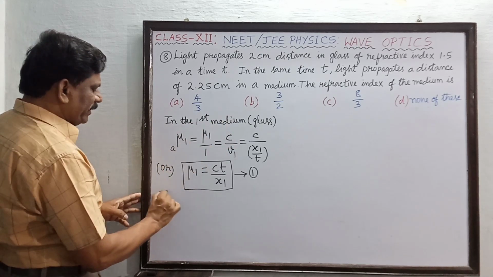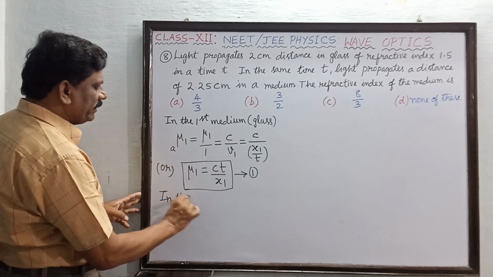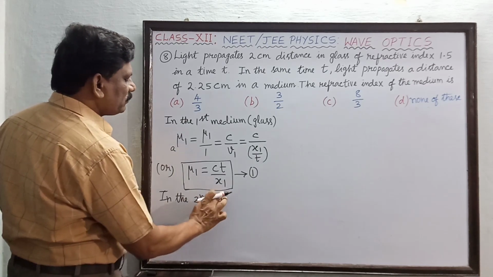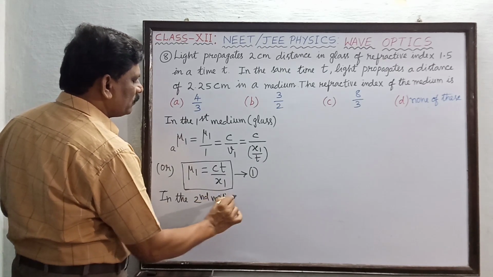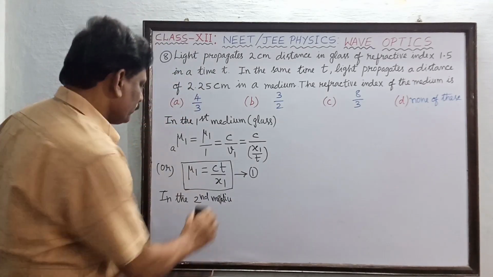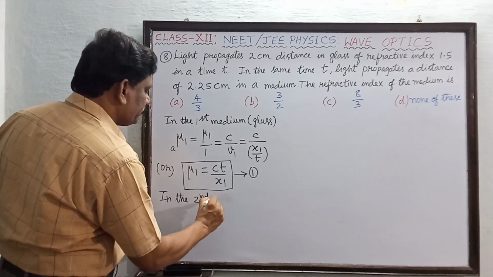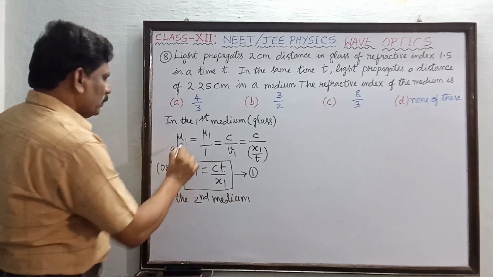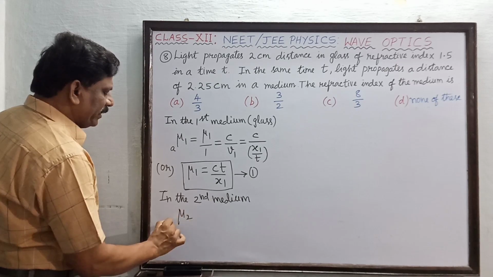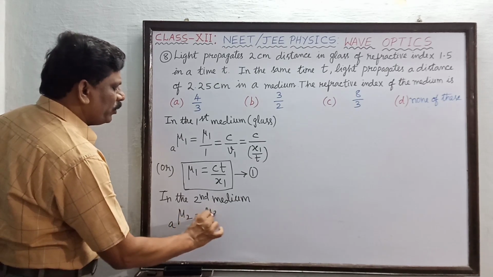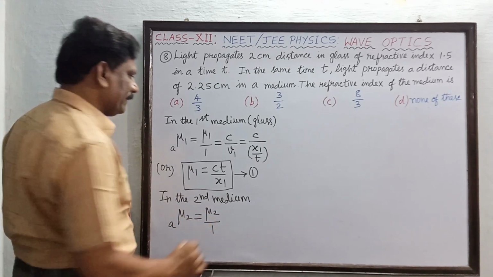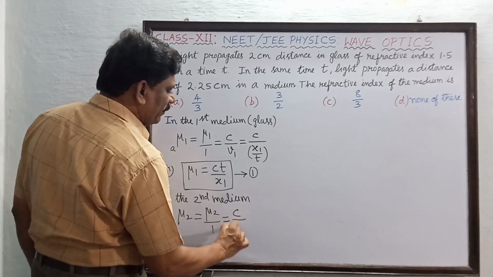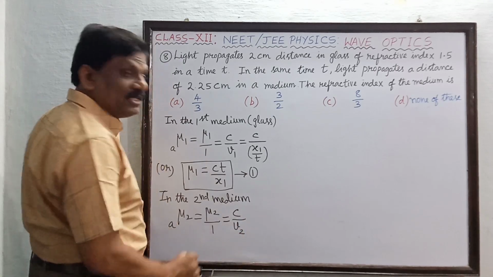Now in the second medium, a similar equation I am going to write. Mu of the second medium with respect to air is equal to mu2 divided by 1 for air. So this is equal to the velocity of light in air divided by the velocity of light in the second medium, v2.